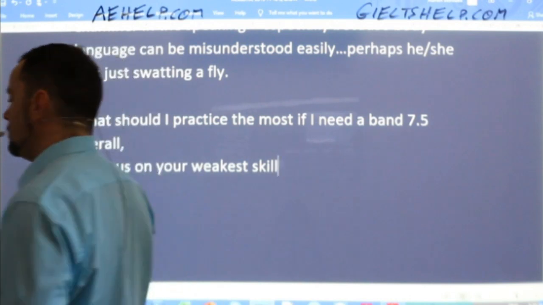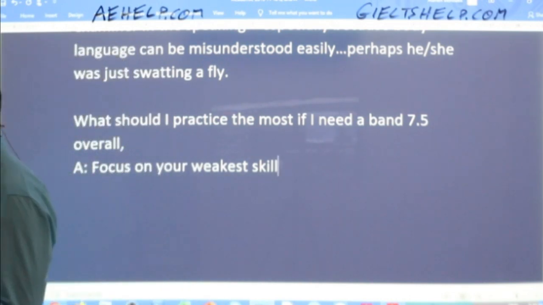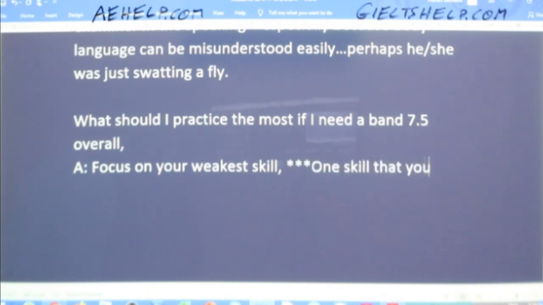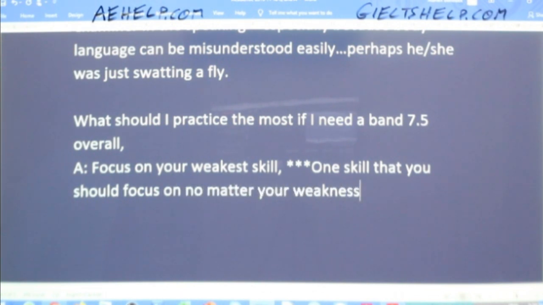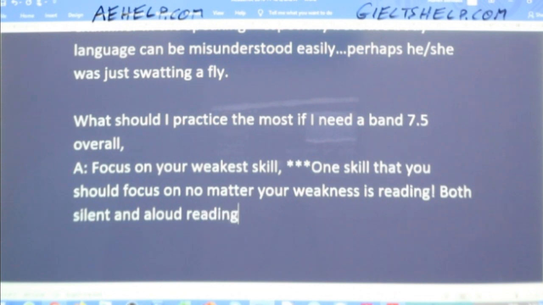One skill, though, that you should focus on no matter what your weakness is, is reading. Okay, both silent and aloud reading.